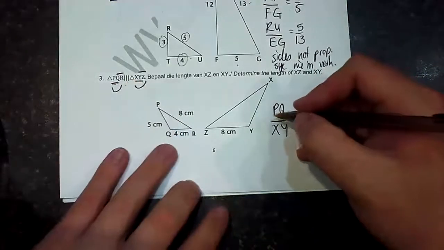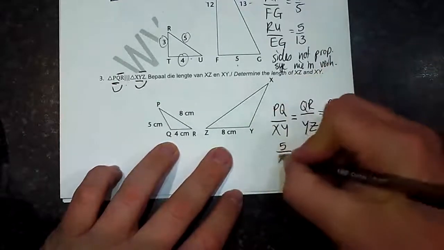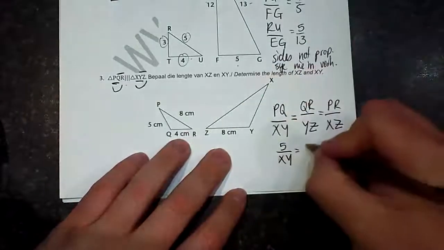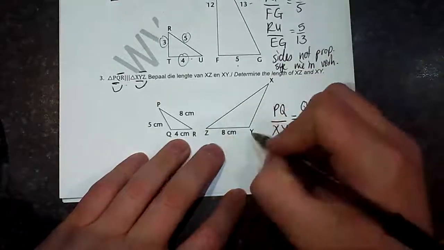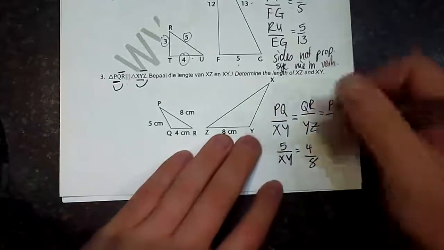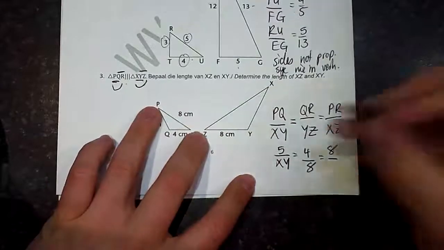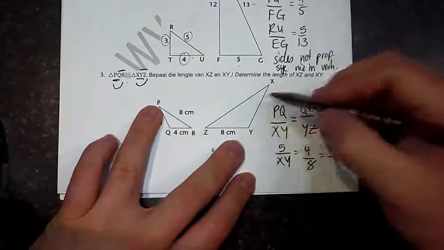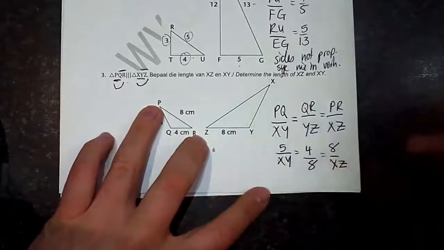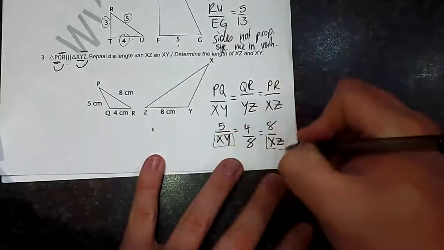Let's see. PQ is 5. XY is unknown. We want it. Okay. QR is 4. YZ is 8. Okay. And the last one, PR is 8 and XZ is unknown. Okay, so now, does this not look something that you've done in fractions before?